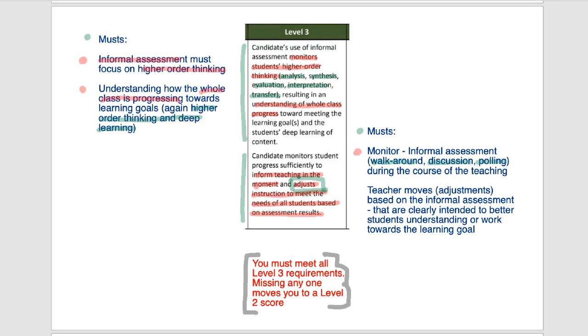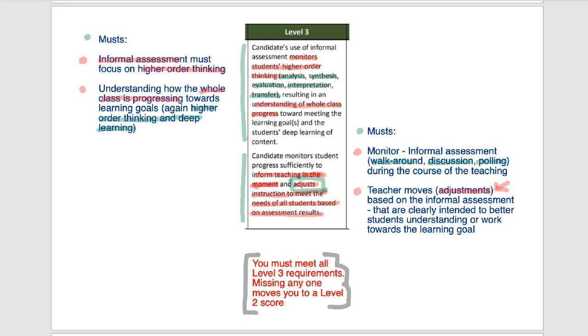These monitoring kinds of informal assessment allow you to get to what's important with the second piece, which is adjustment. Okay, so in the midst of your teaching, in the moment kind of teaching, and that's what they write here, what information are you gathering from your kids that allows you to adjust your teaching? Okay, teacher moves based on the informal assessment that are clearly intended to better students' understanding or work towards the learning goal.